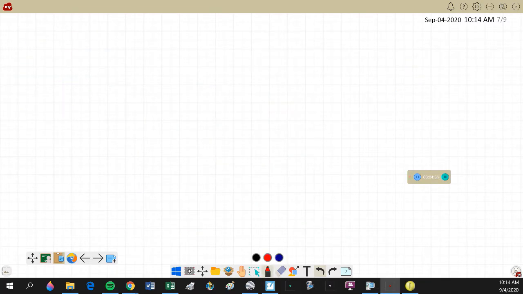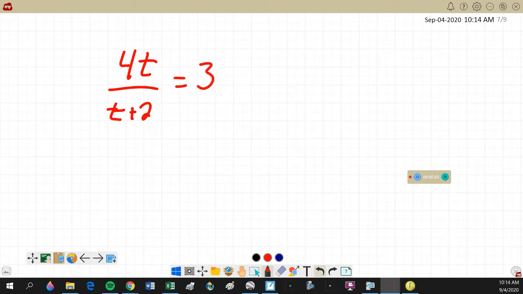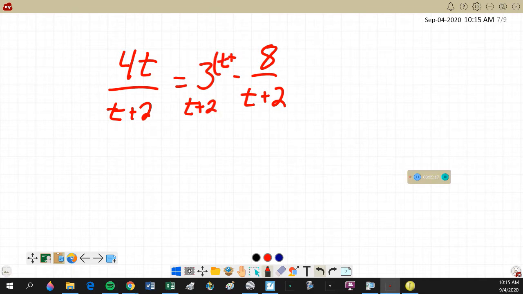Number 4. 4t over t plus 2, and you can do these out of order, I'm not concerned about that, equals 3 minus 8 over t plus 2. This one needs a t plus 2. And I delete the t plus 2's, but I have to remember t is not allowed to be negative 2.